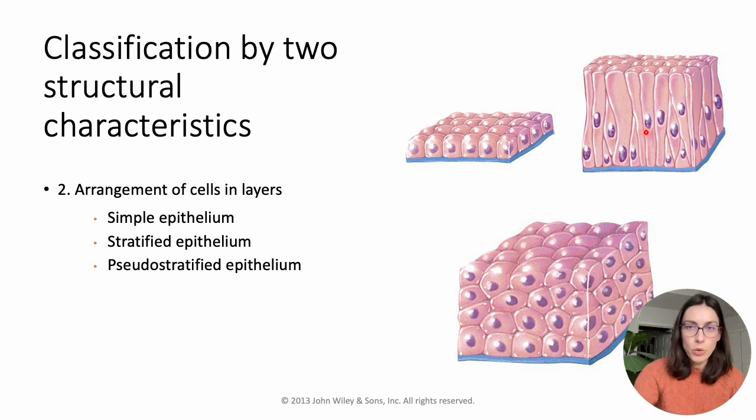Okay? And when you have some time to look at the samples of real microscopy images and actually look at slides in the lab, you will see the difference between all three of these.